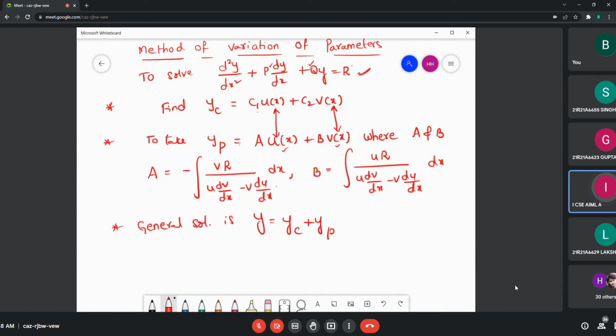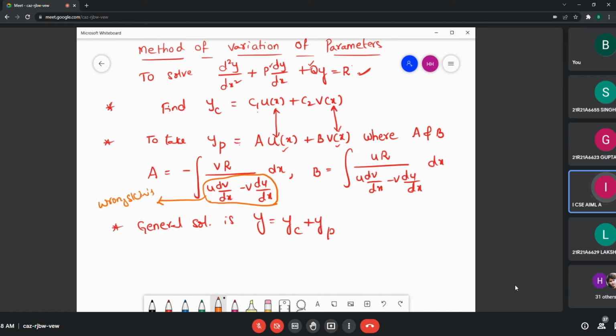Here, in this denominator, particularly, this denominator value is nothing but the Wronskian.